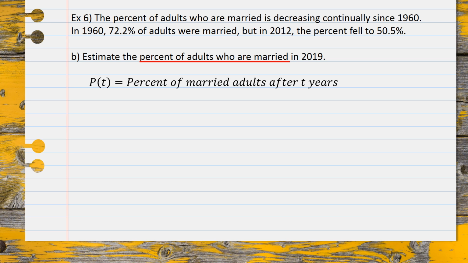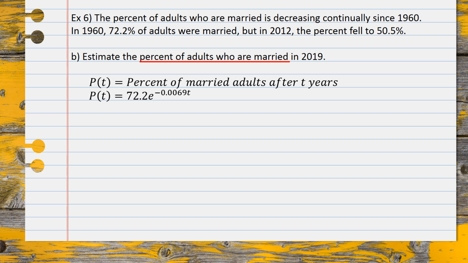So we've defined what we're looking for. Now we have to find an equation. Well, that's where we use the part we generated in part A. Our equation is P of t equals 72.2 e raised to the power of negative 0.0069t. From our equation, we're ready to solve.